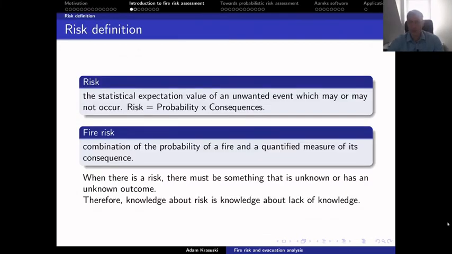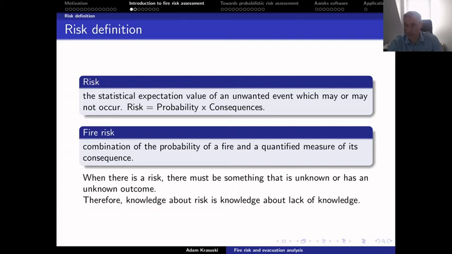Now we are approaching risk calculation. We are going to start our discussion of the risk calculation from the basic definition of risk. Here the risk can be defined as a statistical expectation value of an unwanted event which may or may not occur, and it can be calculated as the probability times the consequences of the given scenario.